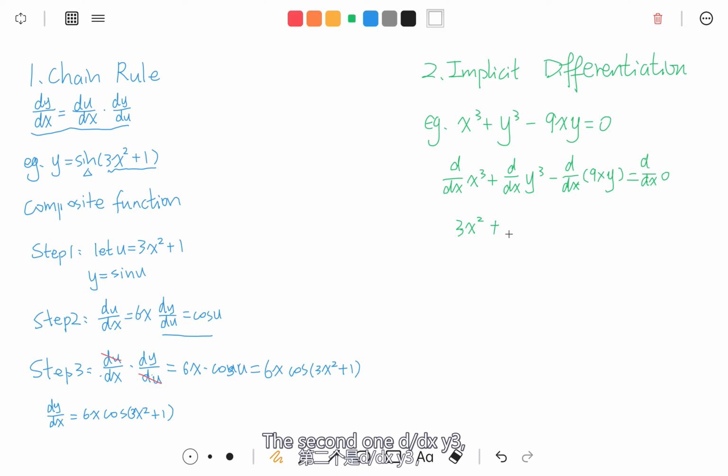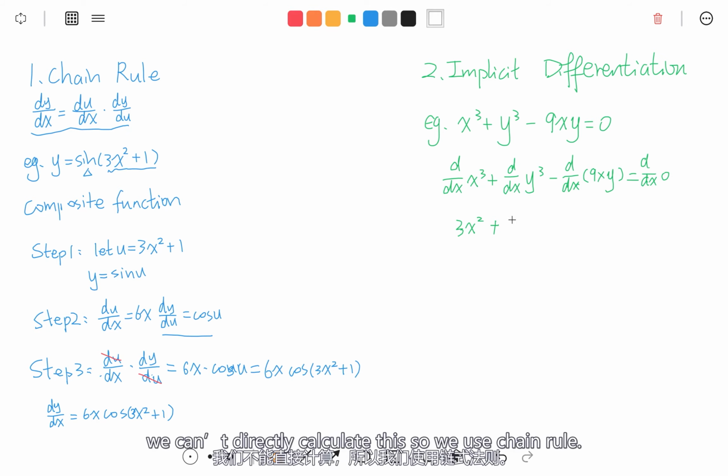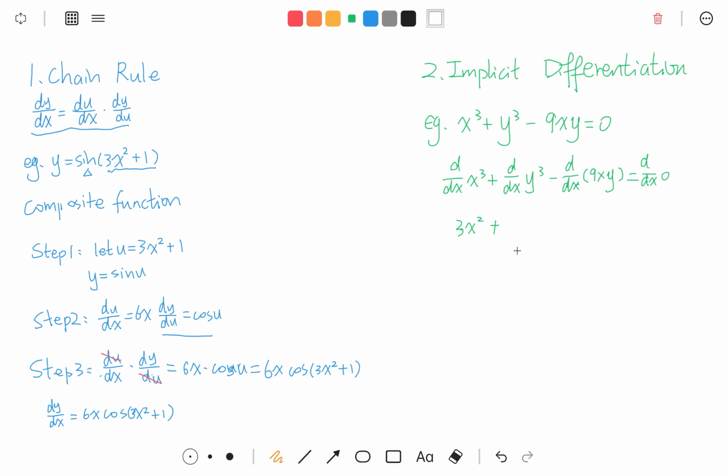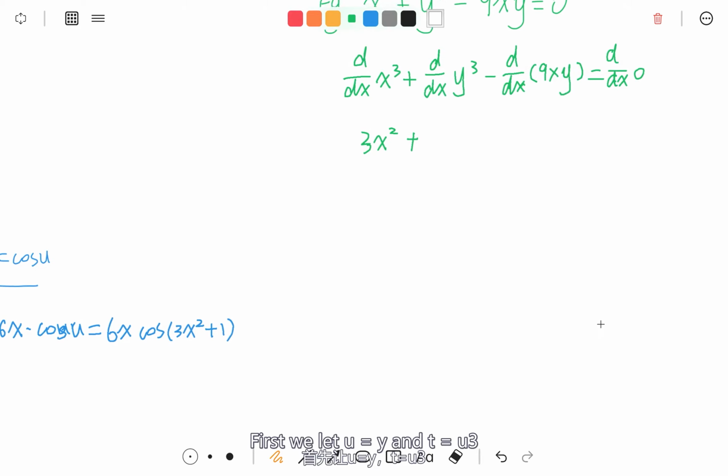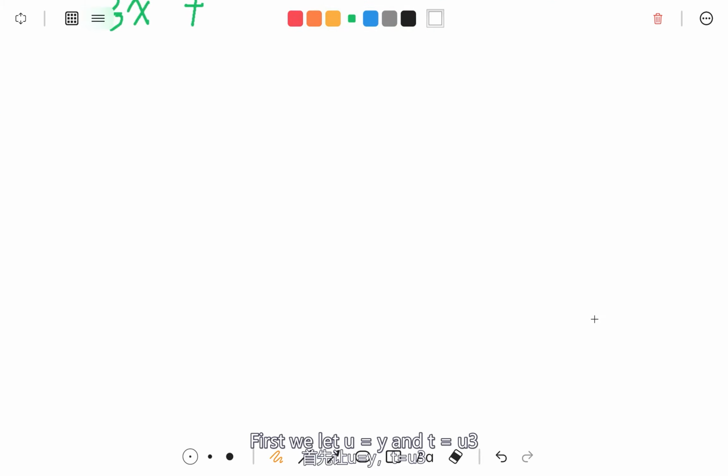The second one, d dx of y to the third power: we can't directly calculate this, so we use chain rule. First, we let u equal y and t equal u to the third power.